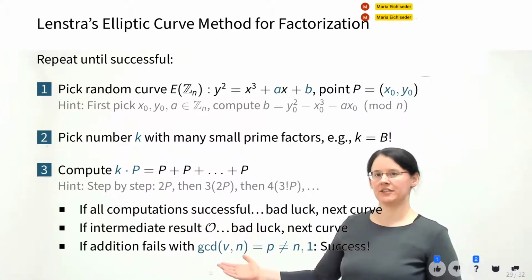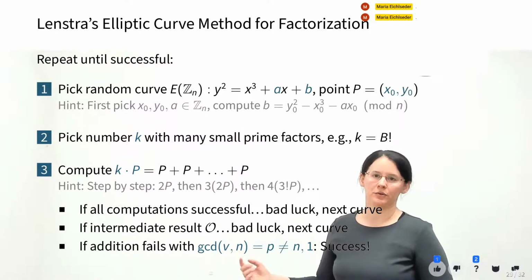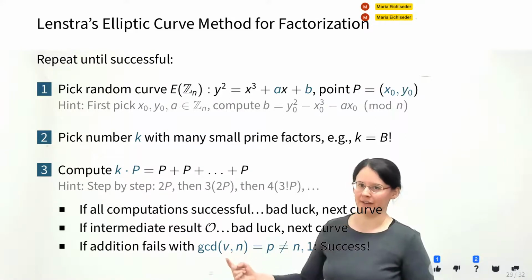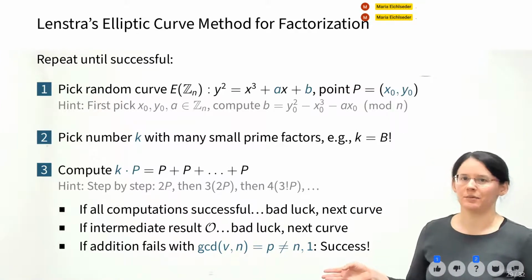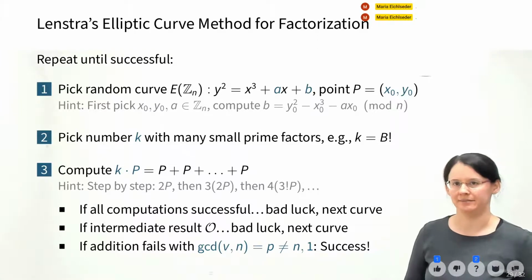And I can detect this just like before with the greatest common divisor, now computed between our modulus n and this thing in the denominator that we had in the computations. So once I hit such a computation error, voila, I have found a factorization of n.